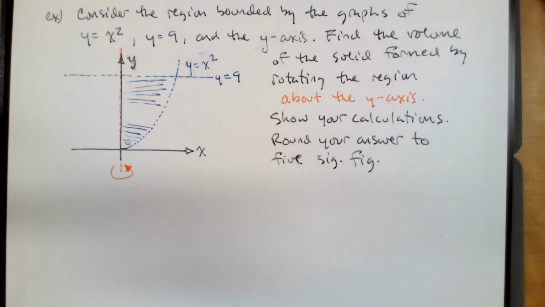When I ask for five significant figures, that means I don't need the exact values. That is me instructing you to just use your calculator. Don't find the antiderivative and plug in the endpoints with the fundamental theorem of calculus. Just use your calculating machine to get the answer, because I just want an approximation to five significant figures.